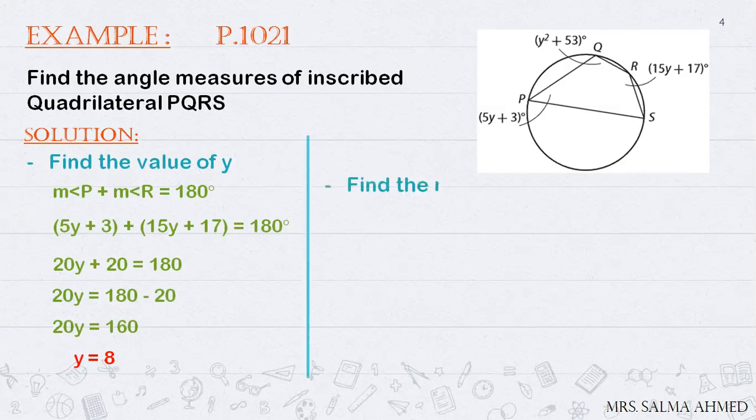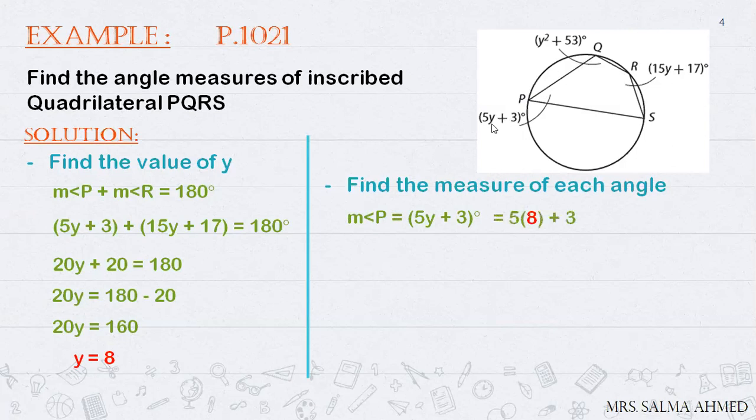Now I'm going to find the measure of each angle by substituting y in each angle, so I can get P, Q, R. I start with P, which is 5y plus 3, where y equals 8. I substitute: 5 times 8 plus 3 gives me 43 degrees.